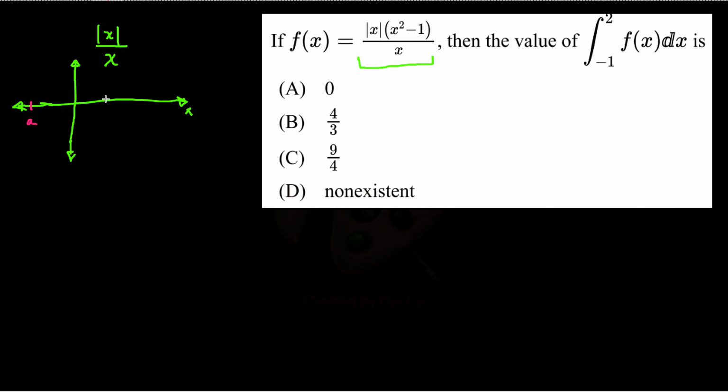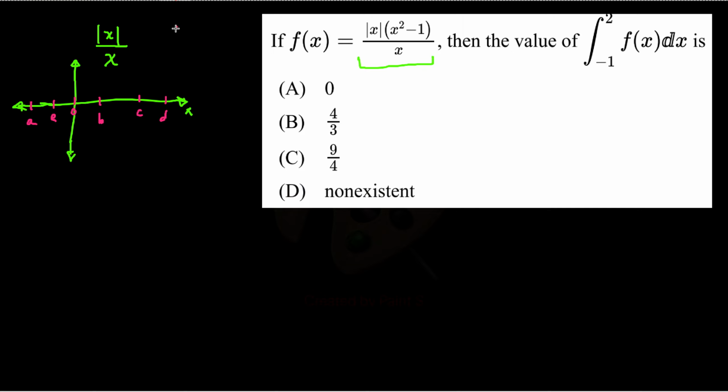Or let's choose various values. Let's say a, b, and 0. Okay, so 0 is a key one for x. And then c, d, right? Let's just make another one, e. It doesn't matter. Let's see what's happening in each one of these cases so we get a sense of what the absolute value of x over x is. In this case, a is negative, right?